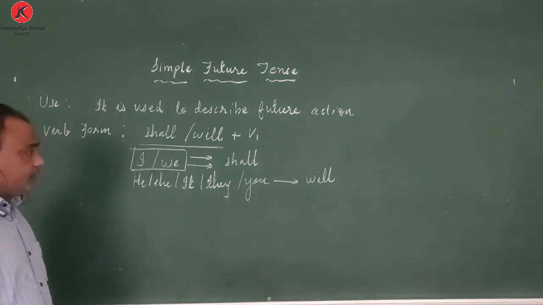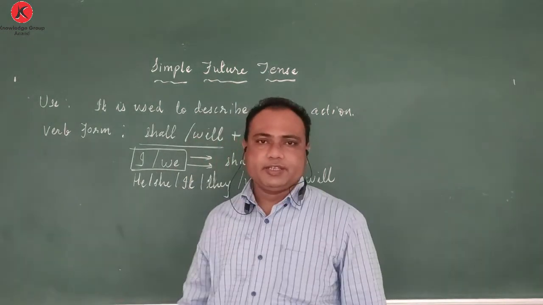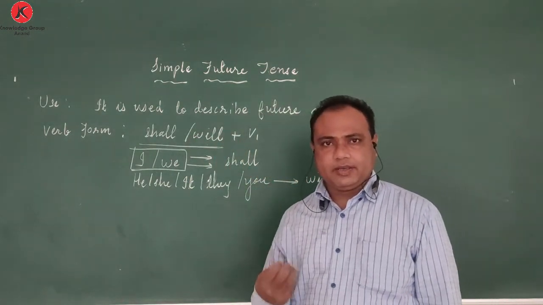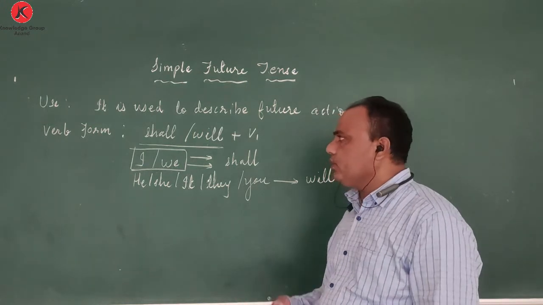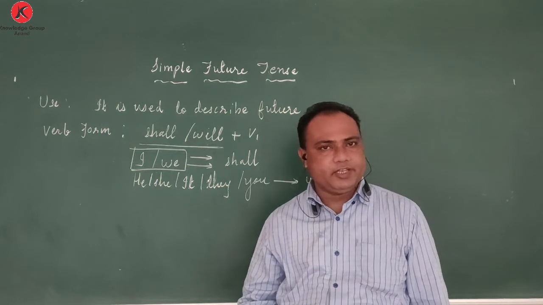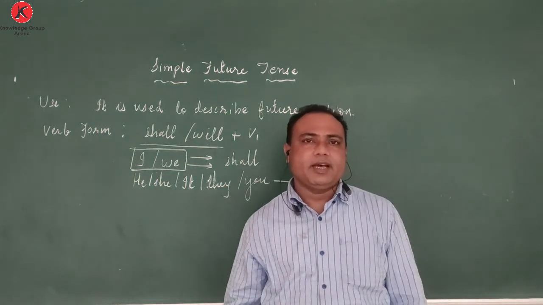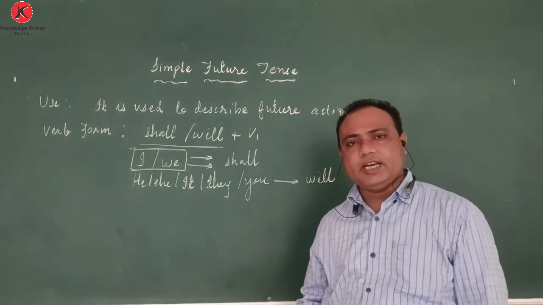But these days, English has become quite informal. Casually, people are framing sentences with will. Whenever we want to show strong determination, that I will definitely do that, then rather than saying I shall do that, we generally say I will do that.